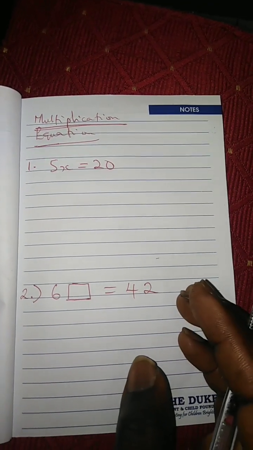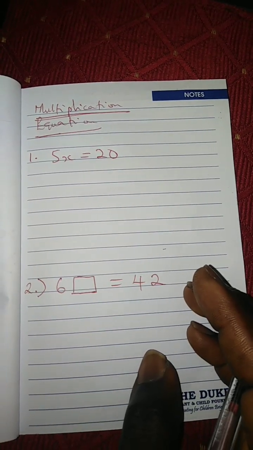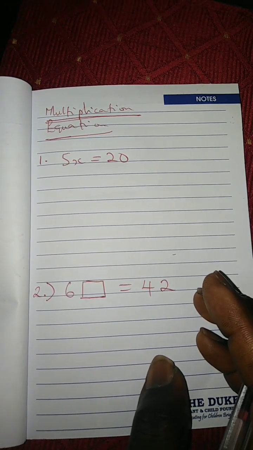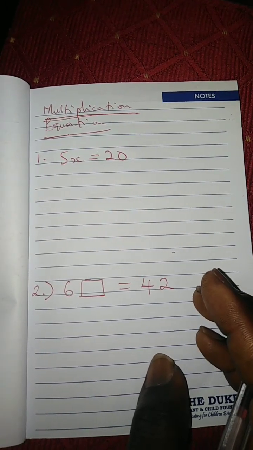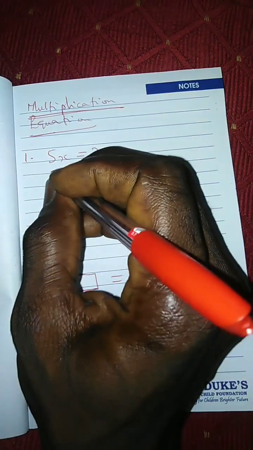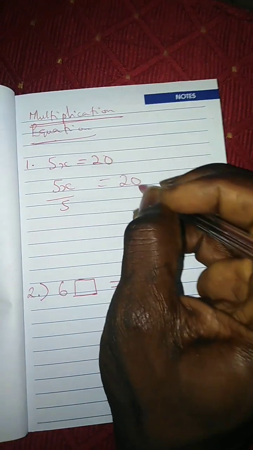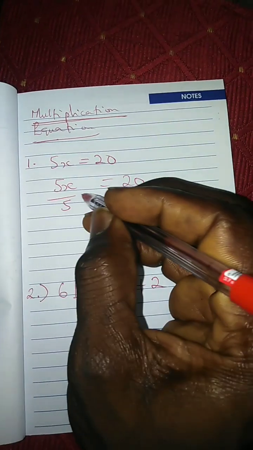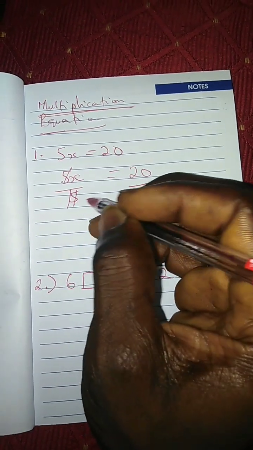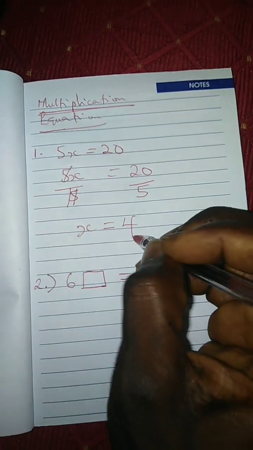So for this multiplication equation, I have 5x equals to 20. So I divide both sides by the coefficient of x. The coefficient is a number with a letter, which is 5. I'll have 5x all over 5 equals 20 all over 5. 5 cancels 5. And x will be 4.